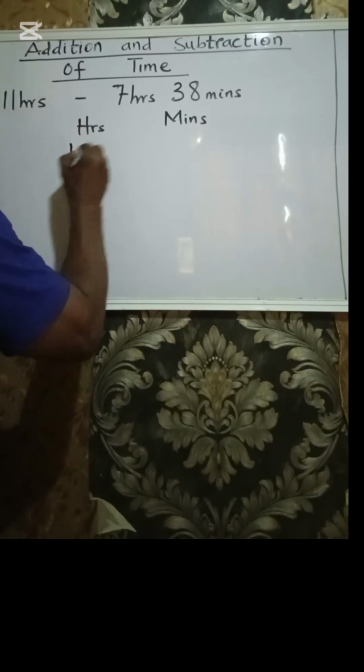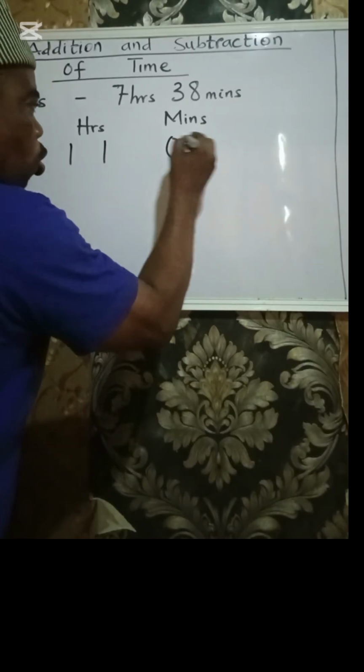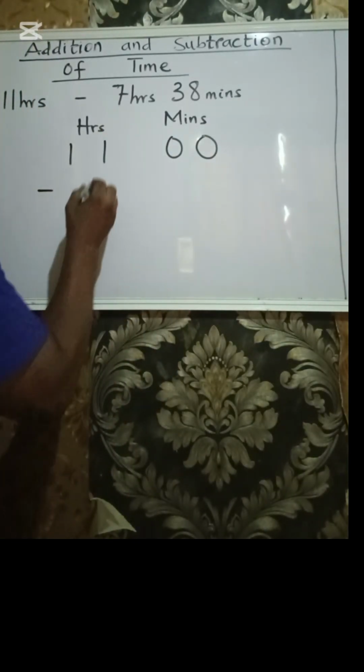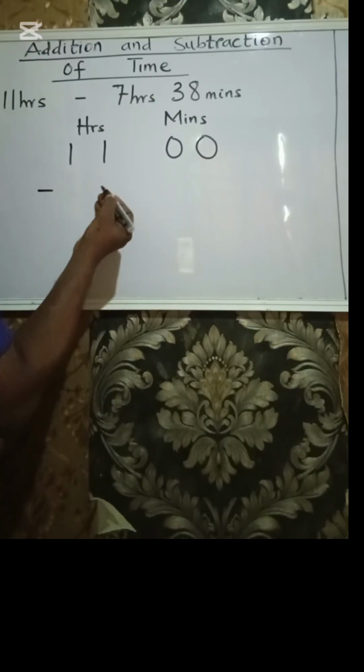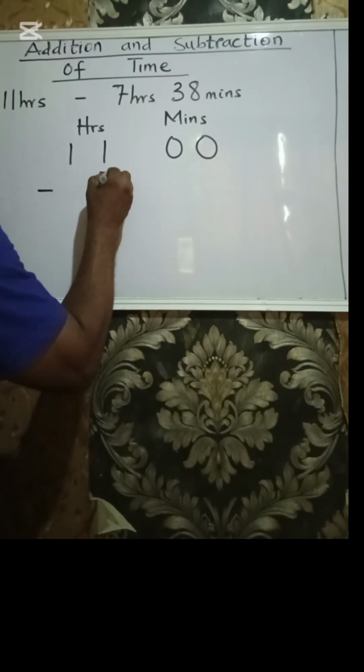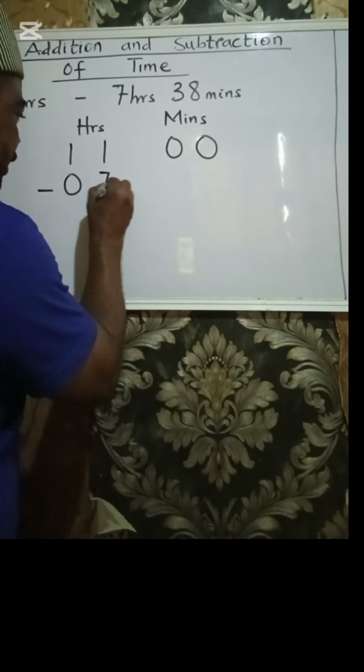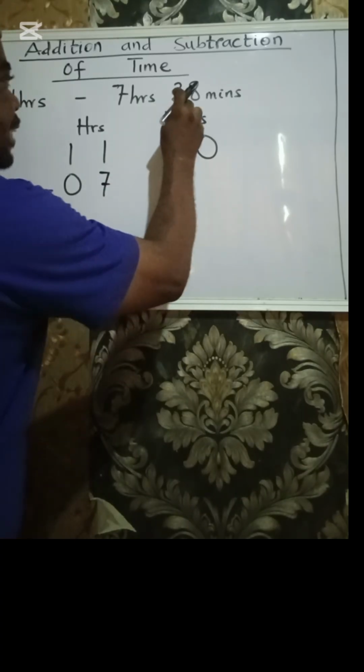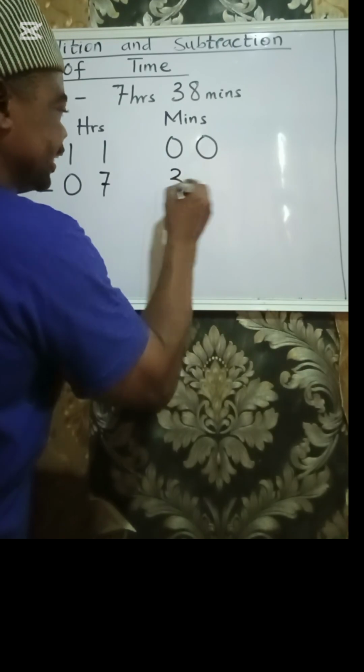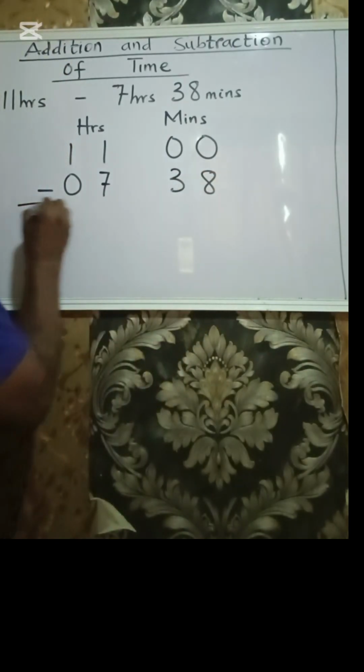So write 11 hours, no minutes. We want to subtract 7. Our 7 cannot stay here. Our 7 has to be here so that we can have the 0 here. Alright, 7 hours. Let me cross my 7 so that I can see it's 7. Then 38 minutes. Alright, let's look at how this goes.